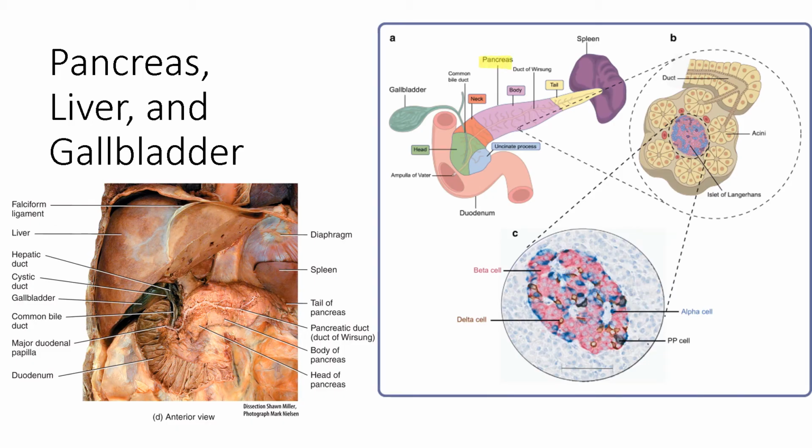The pancreas is made up of small clusters of glandular epithelial cells. About 99% of these clusters, called acini, constitute the exocrine portion of the organ.